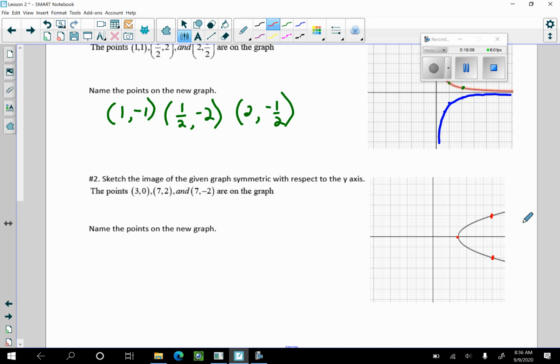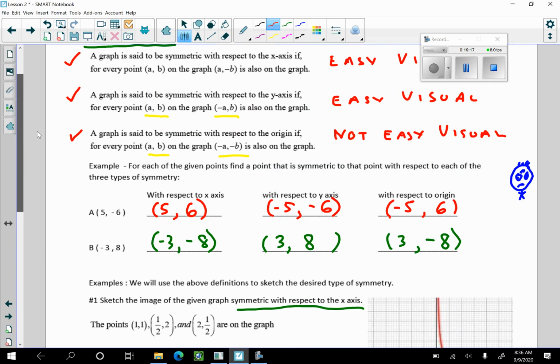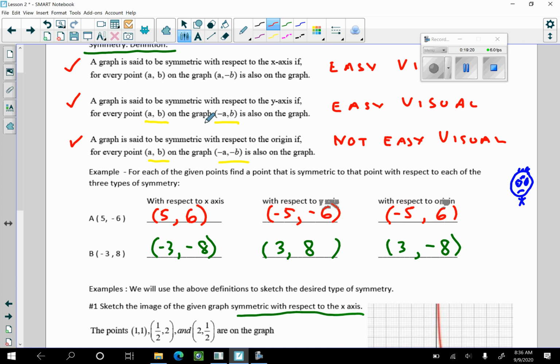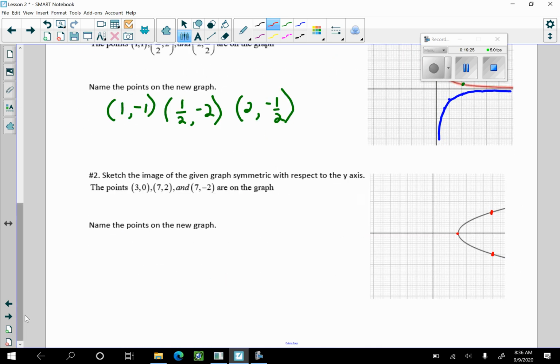And what I do, I want to reflect that about the y-axis. So if I'm going to reflect it about the y-axis, I come up here to my example. And I notice if I'm going about the y's, the x's go opposite and the y's remain the same. So I'm going to name the new points -3, 0, -7, 2, and -7, -2.